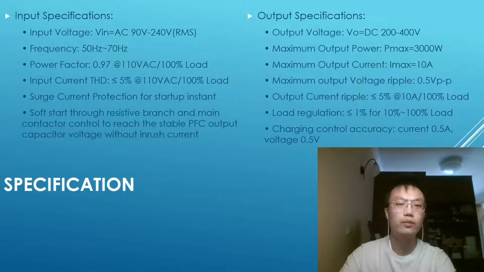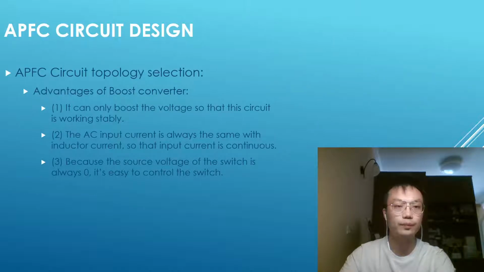Maximum output voltage ripple is 0.5 VPP. The output current ripple should be less than or equal to 5%, and the load regulation should be less than or equal to 1%. Charging control accuracy is 0.5 ampere for current and 0.5 volt for voltage.